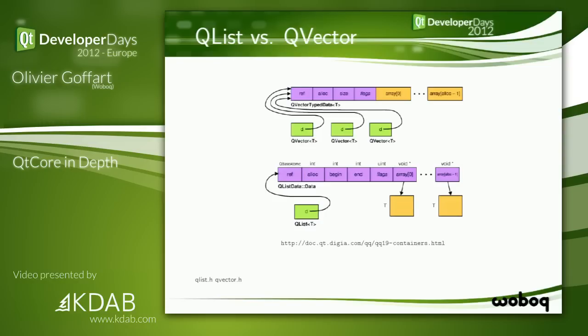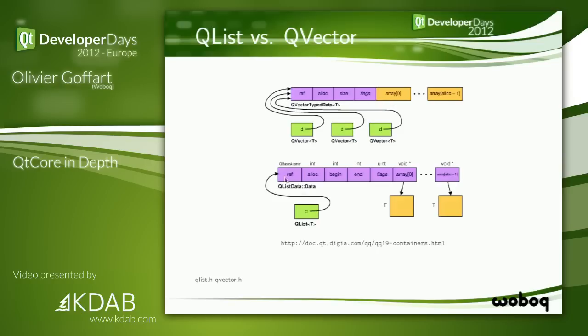Here we see how QList and QVector are represented. This first one here is QVector. As we can see, it's implicitly shared. So we have 3 QVectors that are referencing the same data with this ref count, which in that case will be 3.